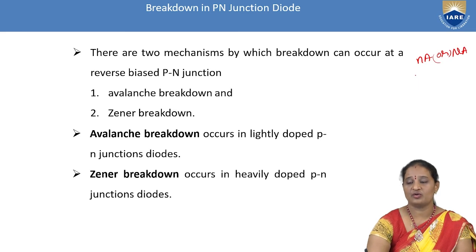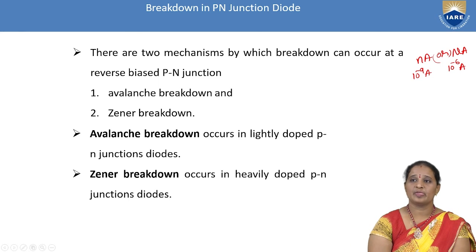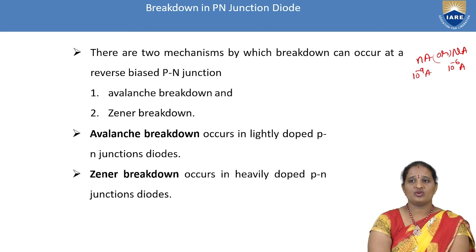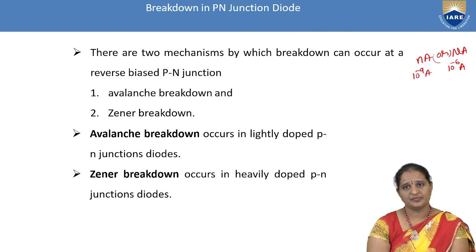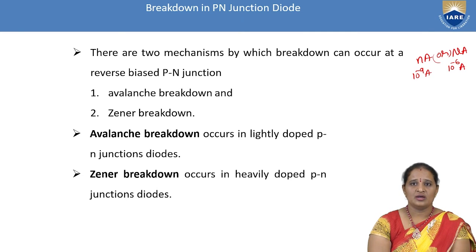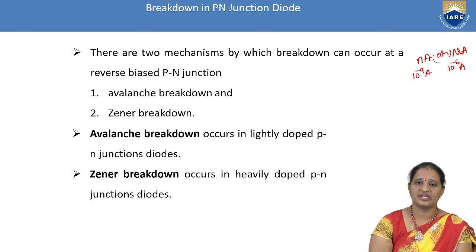As you all know, nano is 10 to the power of minus 9 amperes and micro is 10 to the power of minus 6 amperes. So there is a little amount of current flow through the diode in case of reverse bias condition. But if you still further increase the reverse voltage applied to the diode, the junction may break down and hence more current will be flowing even for a constant voltage applied.